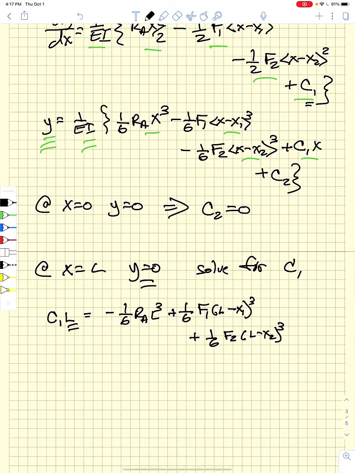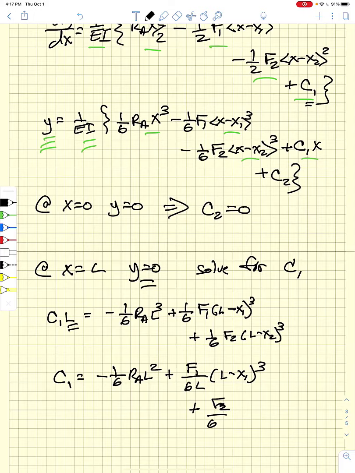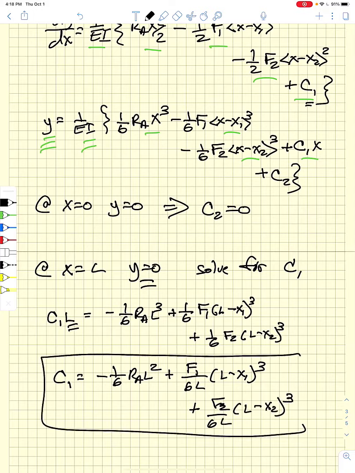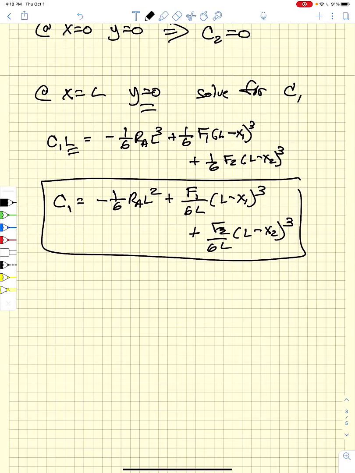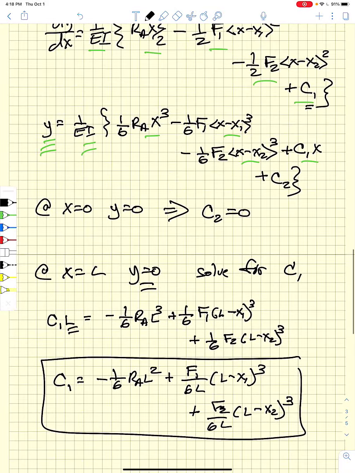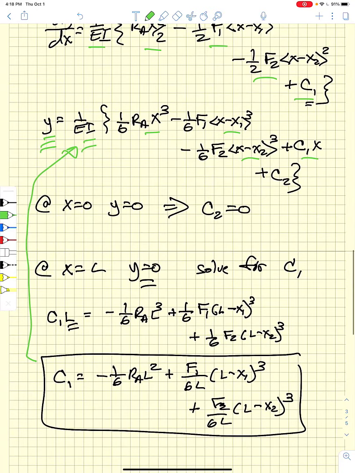We divide through by L. We find that C1 is minus 1/6 RA L squared plus F1 over 6L times (L minus x1) cubed plus F2 over 6L times (L minus x2) cubed. We can solve for C1. Once we have C1, we plug it back into the equation up here for the deflection, and we now have a completely solved equation for the deflection as a function of position along the shaft.